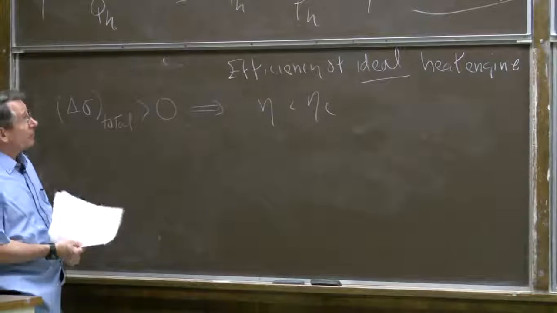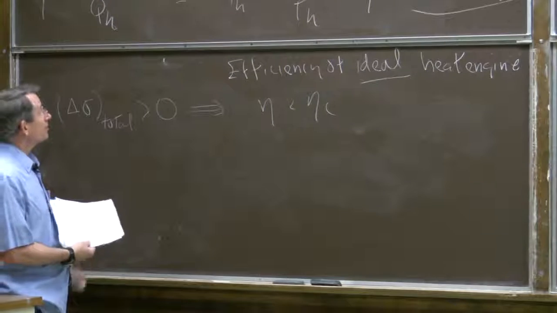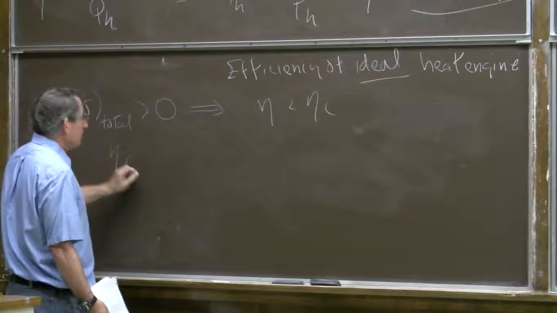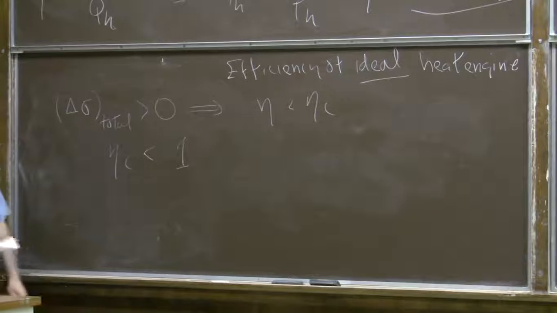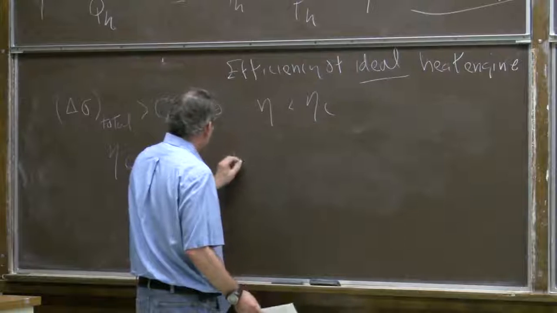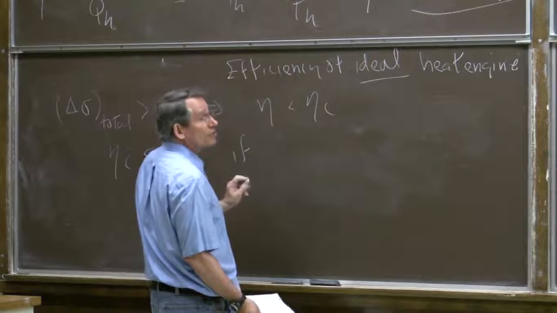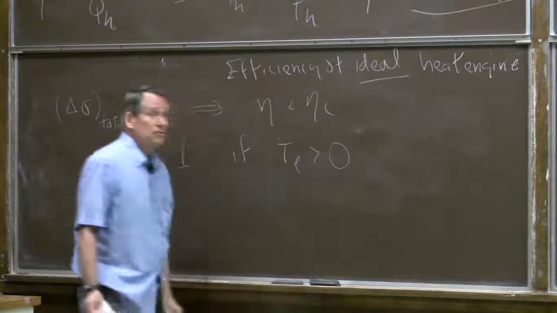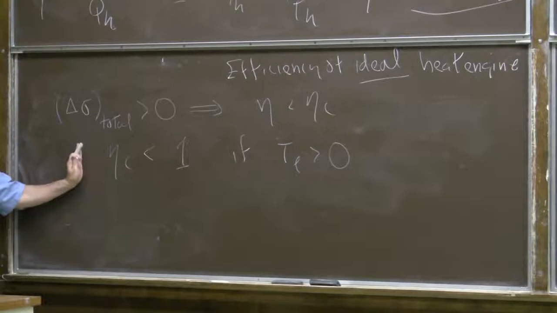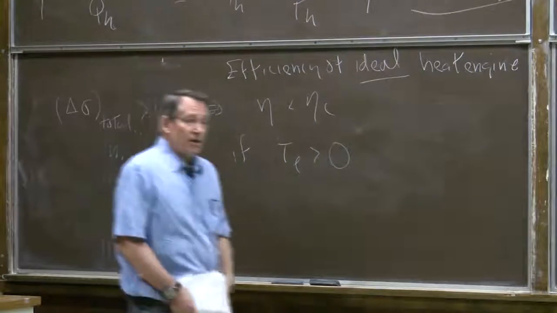Notice that the Carnot efficiency, the best possible, is strictly less than 1. So not all of the heat withdrawn can be converted to work unless the lower temperature reservoir has 0 temperature. So if tau L is not 0, then the efficiency is strictly less than 1. Unavoidably, there is some waste heat.